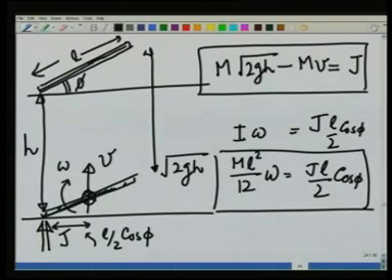I have 3 unknowns, v, omega and j. So, I need one more equation, and that comes from energy conservation.